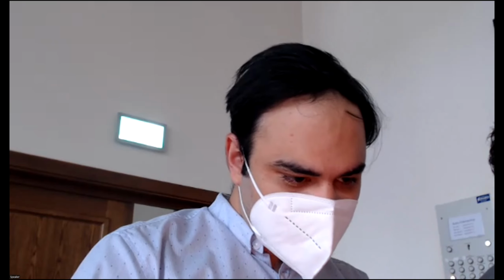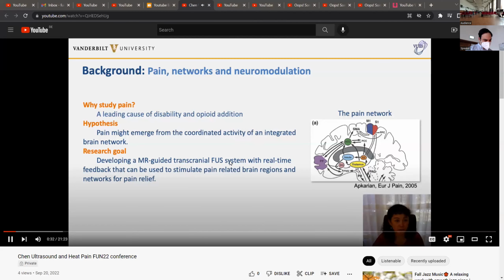However, since the discovery of the functional BOLD MRI contrast, investigators can now visualize and monitor brain response when a subject or pain patient is experiencing pain inside the magnet.